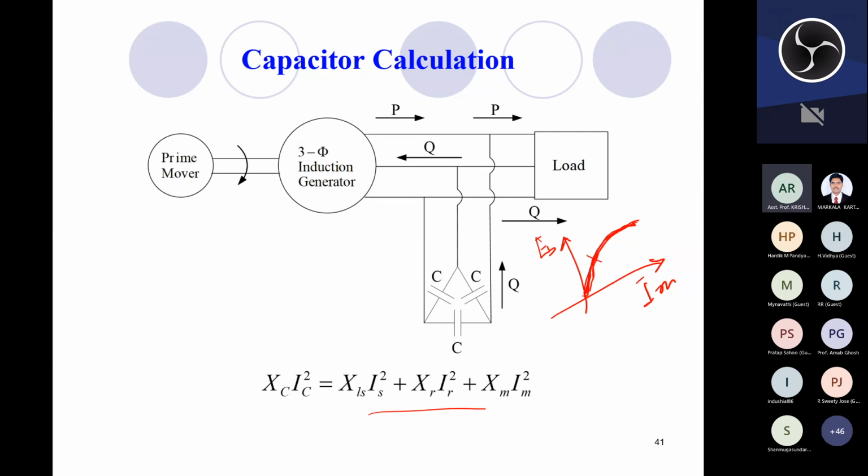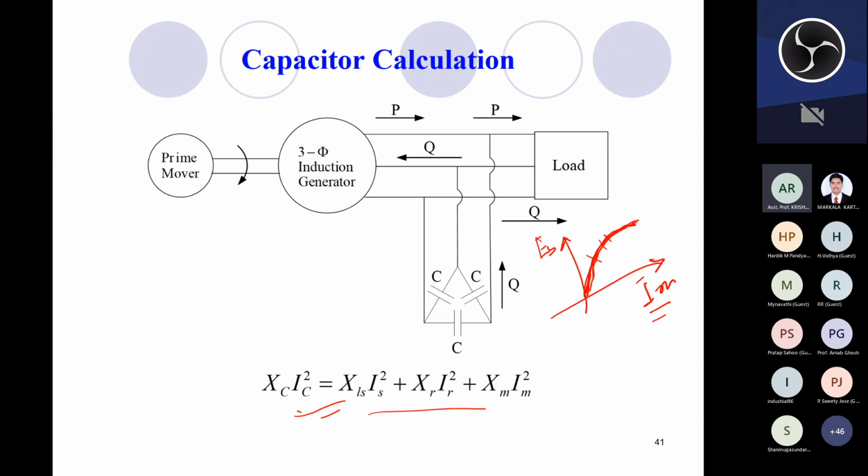The concept is we can consider a small section of this nonlinear OCC, which can be considered as linear. So if we take this section, it can be considered linear. Considering this whole nonlinear OCC as a large number of small linear pieces, we can apply this equation for the different ranges of Im.